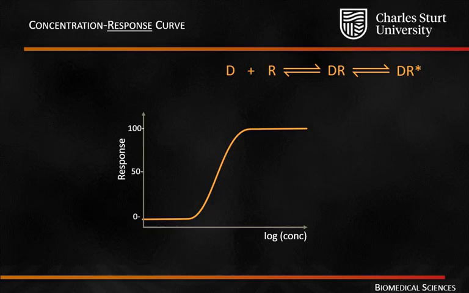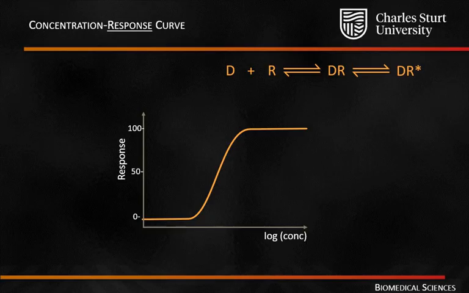The next step is to consider the kinetics of the drug and the receptor and the conformational change to the active form of the drug receptor. So this is where the secondary messenger pathways get activated, and it needs to be in this form for that to actually occur.